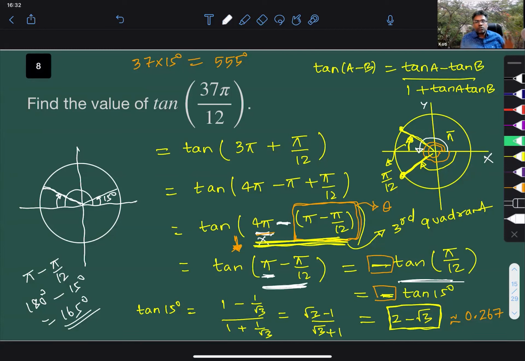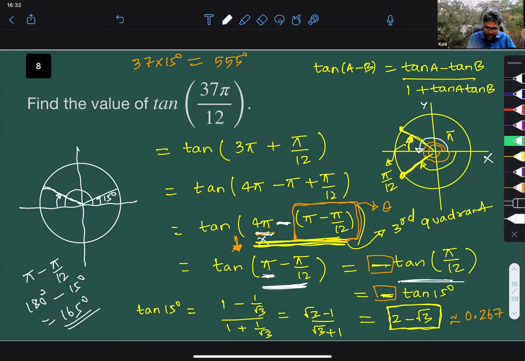You understand? So tan of a multiple of 2 pi plus theta is tan theta. Not minus theta, plus theta. So you are going to take this entire thing as an angle, and I should actually take a minus sign.